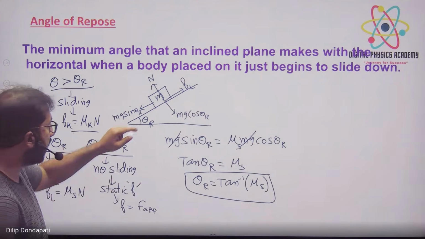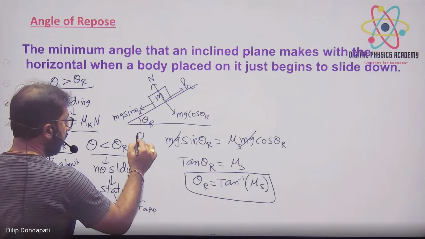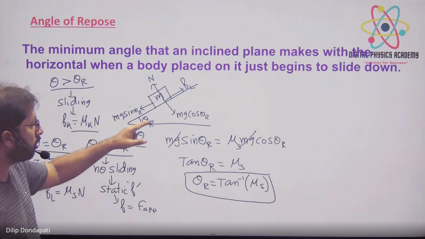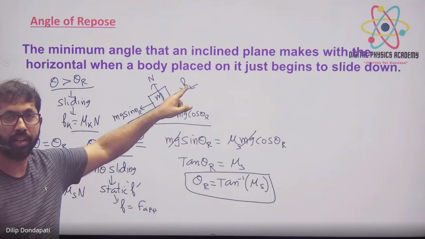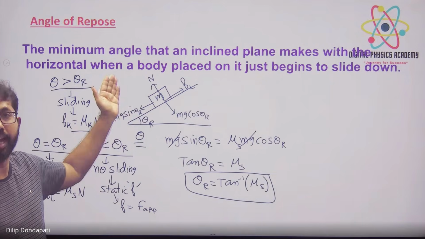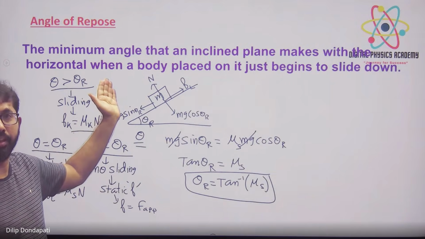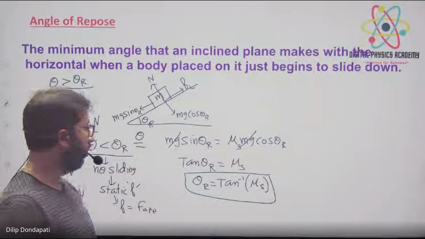Theta is the inclination angle, this angle theta. In the angle of repose, only limiting friction acts, when the block is just about to slide, right? Theta can be any angle other than the angle of repose. It can be greater than this theta. Okay.